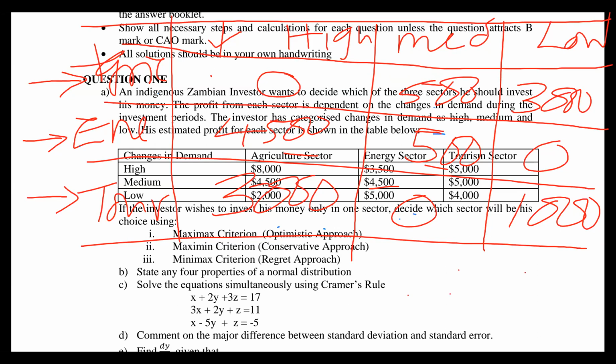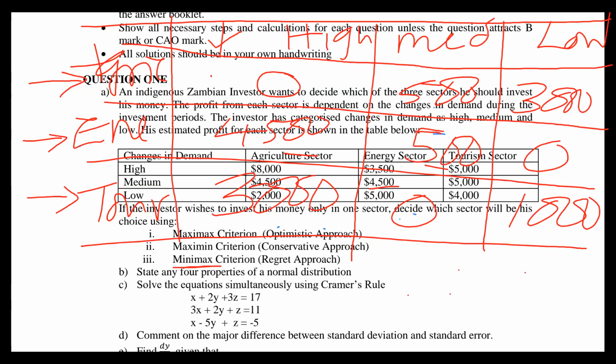Remember, this is the max-min. Should we begin by choosing the maximums in each of them, and then we choose the minimum, or should we choose the minimum, then we maximize? I think, sir, going by what you said in the first place, we'll go by the columns.